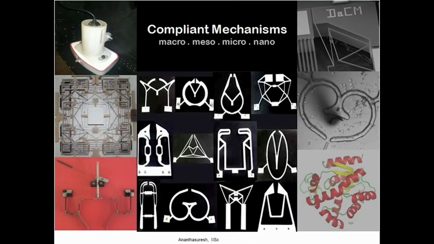And then in between there is also meso, that is, let us say hundreds of microns to a few centimeters. That is what we can call a meso scale between macro and micro. And then also the nanoscale, for which I have shown proteins, which are also in a way compliant mechanisms, that you will appreciate once we understand what they are.